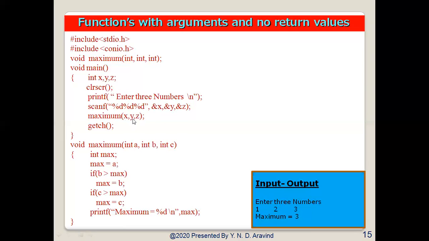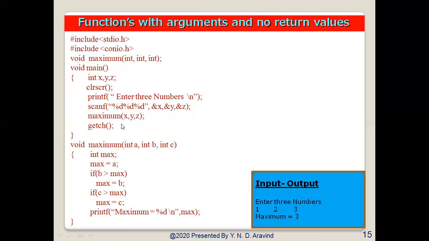As maximum of x, y, z is called, the control will go here. So the x value will go into A, the y value will go into B, and the z value will go into C.